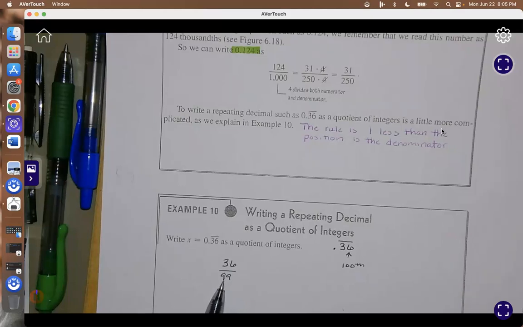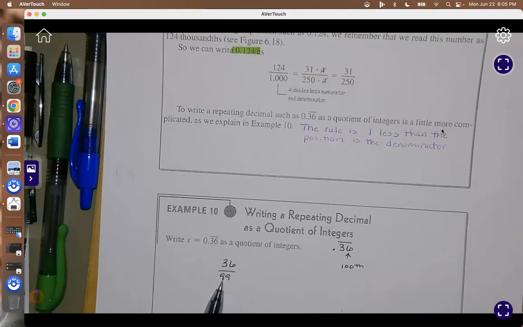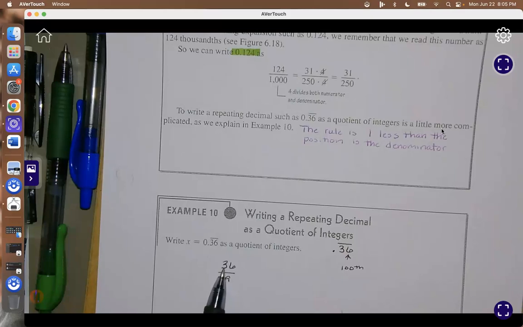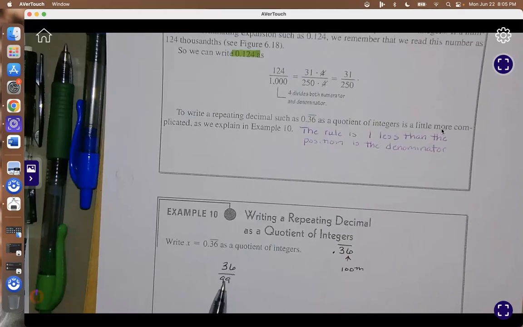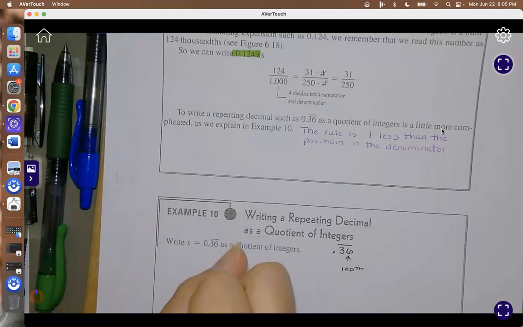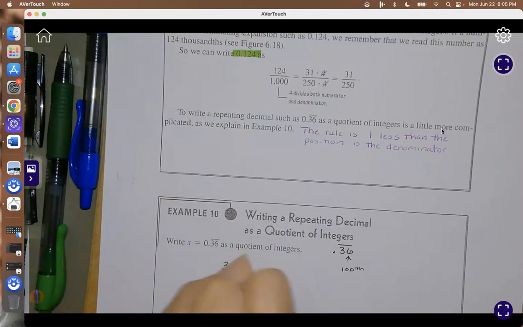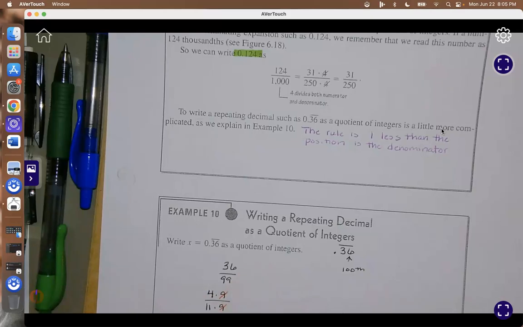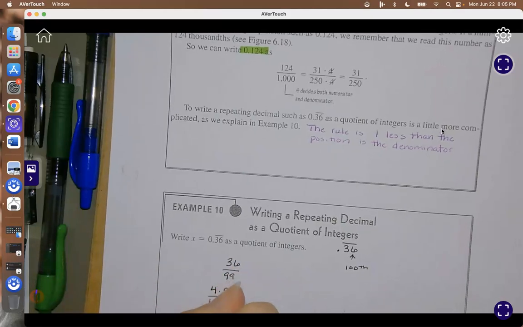Let's see. 3 will go into that. Let's see if 9 will. That adds up to be 9. That adds up to be 18. So 9 will go into these. So divisible by 9. So 4 times 9 and 11 times 9. So that's 4/11.